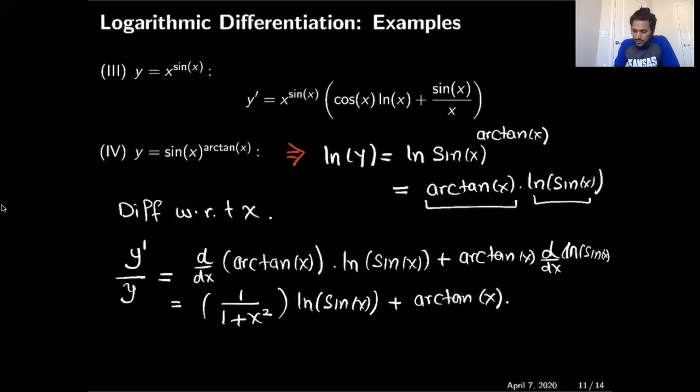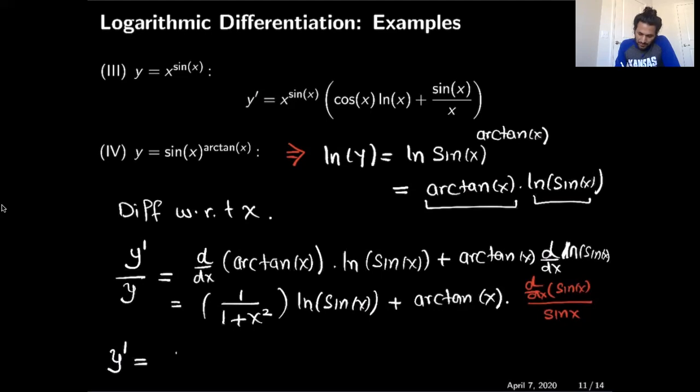The derivative of natural log of sine x will be the derivative of the inside function, sine x, divided by the inside of the natural log function, which is sine x. So if we multiply y on both sides, y prime, so this is the complete derivative of that side.